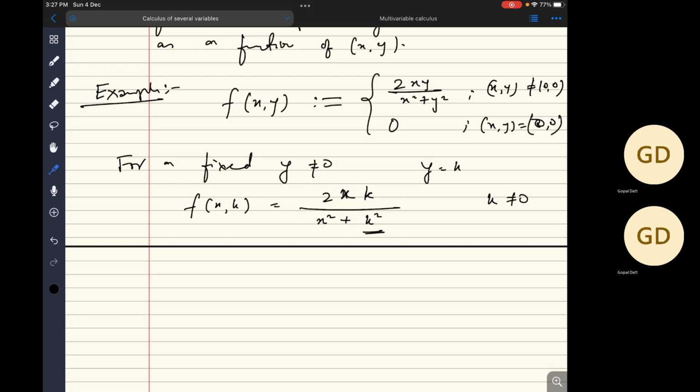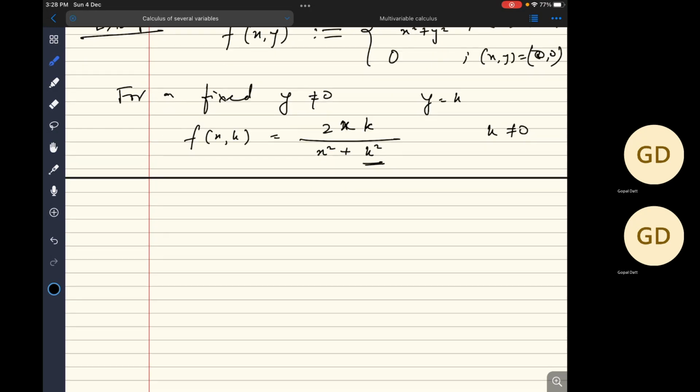Therefore, this function is continuous, as x square plus k square is always greater than 0 for k non-zero.